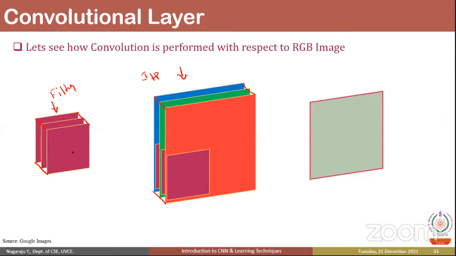Now we are going to apply the filter onto this image. This is 3D now, it has three channels, and this three-channel filter is going to be applied on this particular image. It is going to extract features out of all the channels and give the output for one pixel.